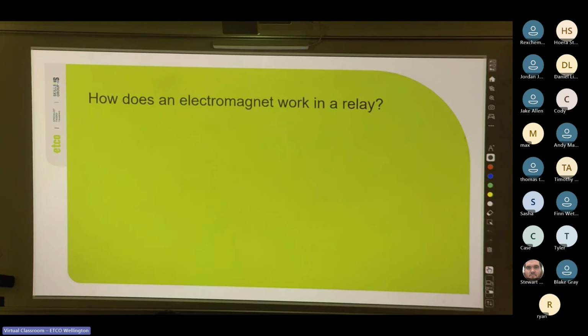So how does an electromagnet work inside of a relay? So a buck converter is more changing a DC level of voltage.